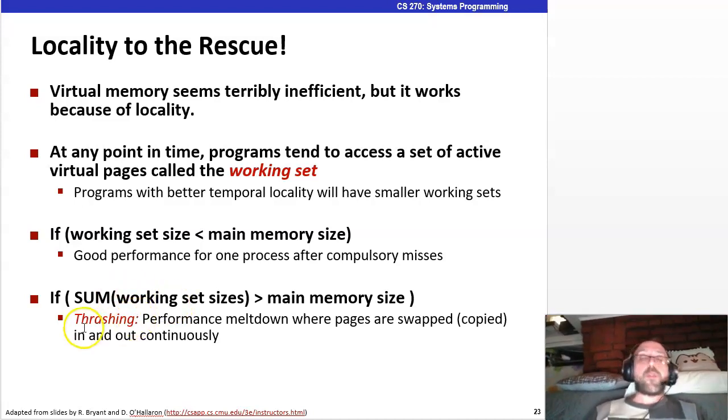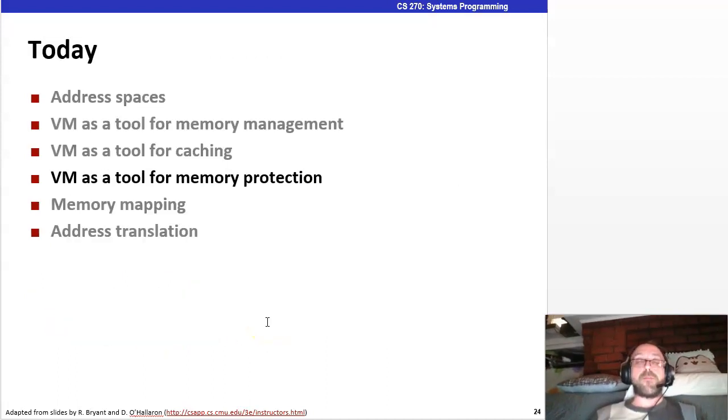So that's called thrashing. We have a performance meltdown where we're paging, swapping things in and out of memory and disk over and over again, and often the same things. So with locality, as long as my working set size is small, I can avoid that, but once it gets too big, I run into problems.